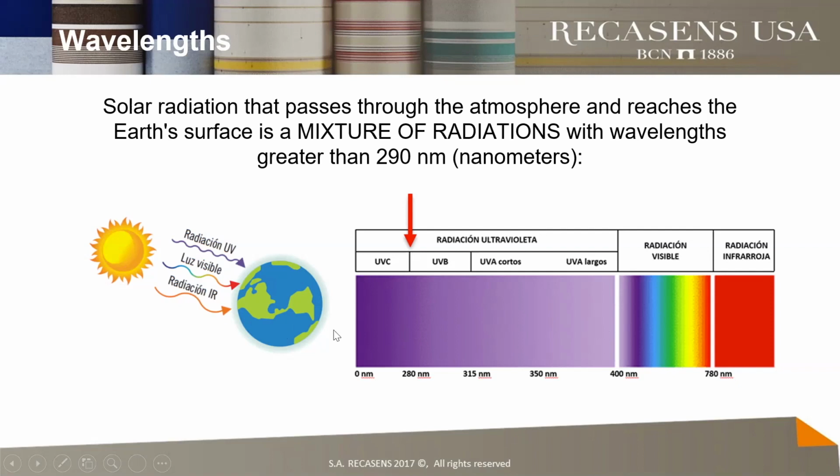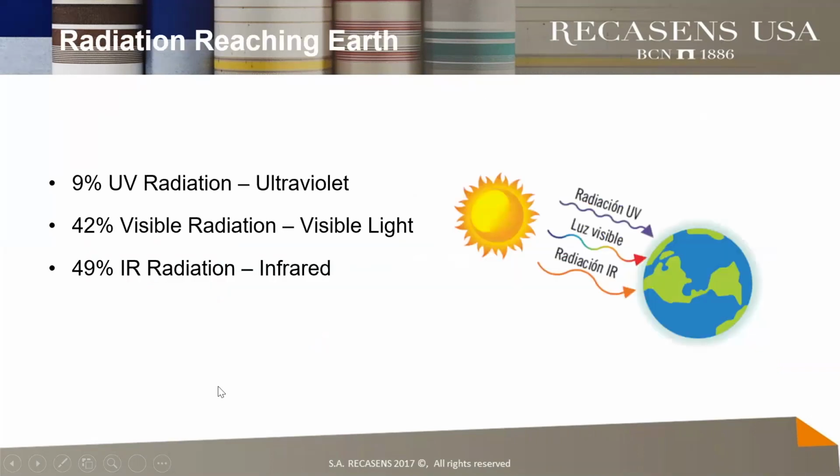And we're very fortunate that the sun's atmosphere blocks out just about everything else. Of that radiation that comes through, about 9% of that energy is UV radiation or ultraviolet light. 42% of it is visible radiation or visible light. And then the remainder, about half of it, is infrared radiation, which is heat.